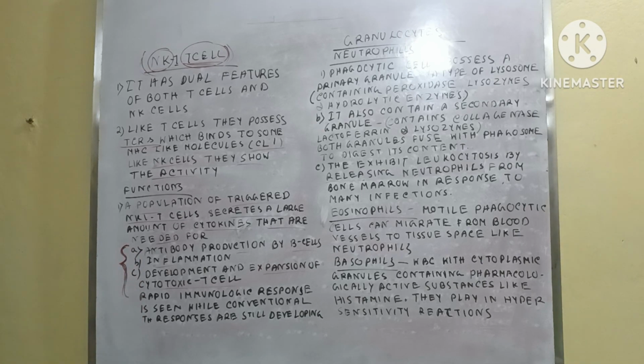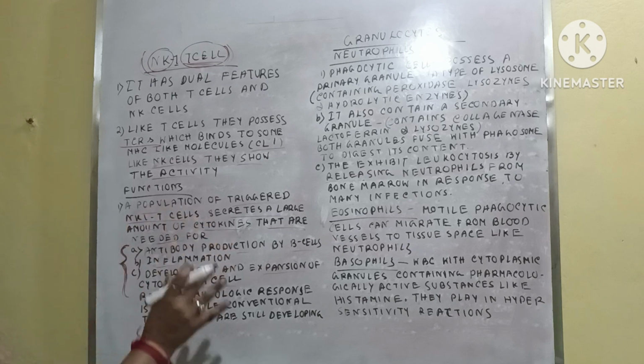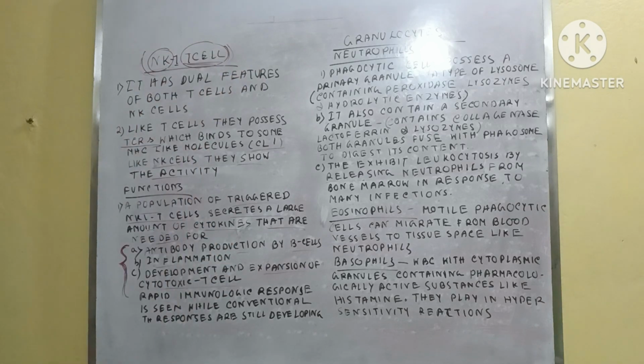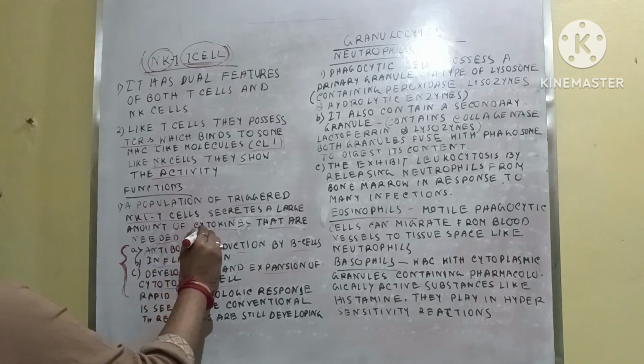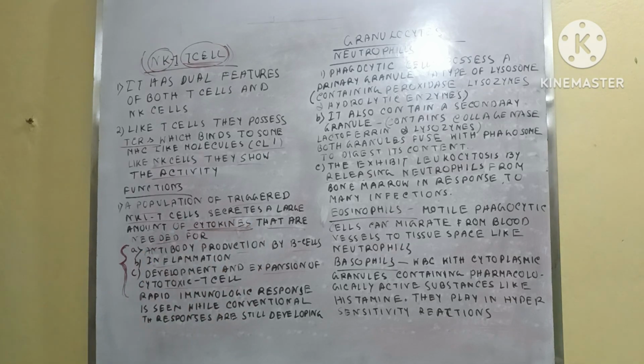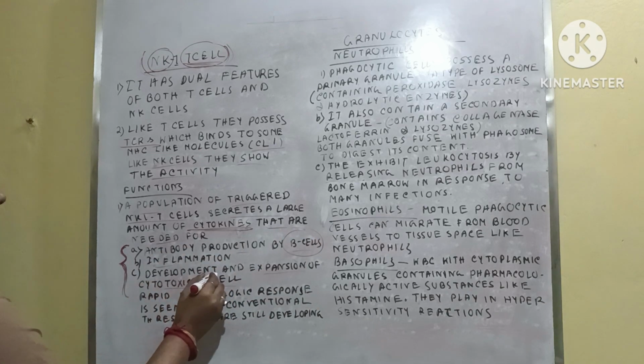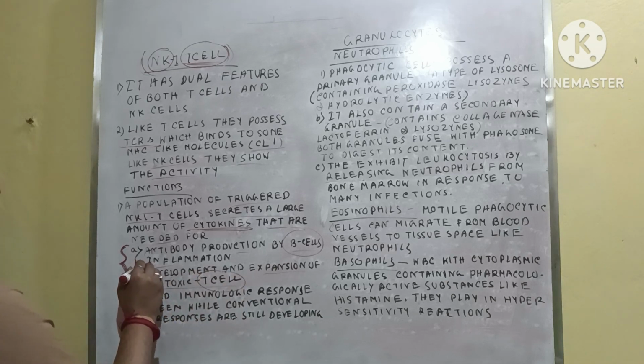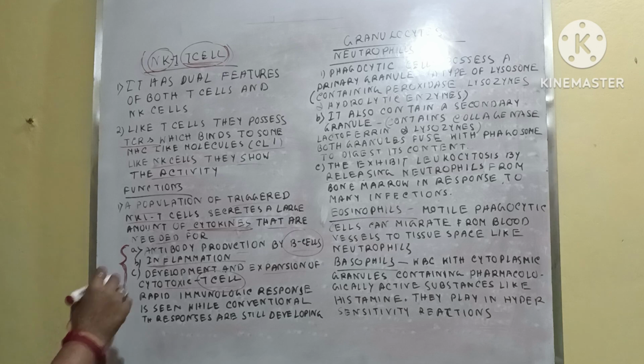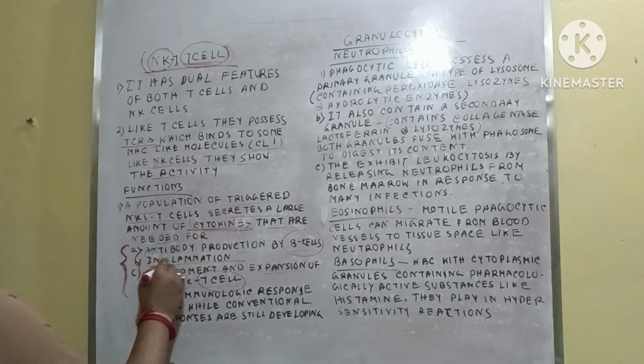This is possible only when one kind of secretion is secreted from this cell, and the secretion is cytokines. Cytokines generally activate B cell production and the cytotoxic T cell production and development, and obviously inflammation. By the secretion of these cytokines, the inflammation is also seen.